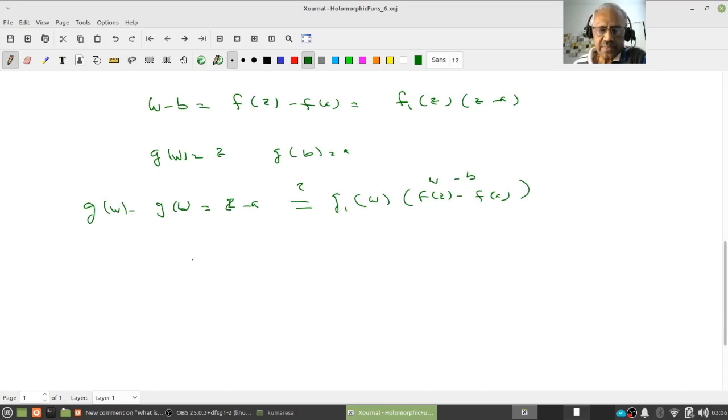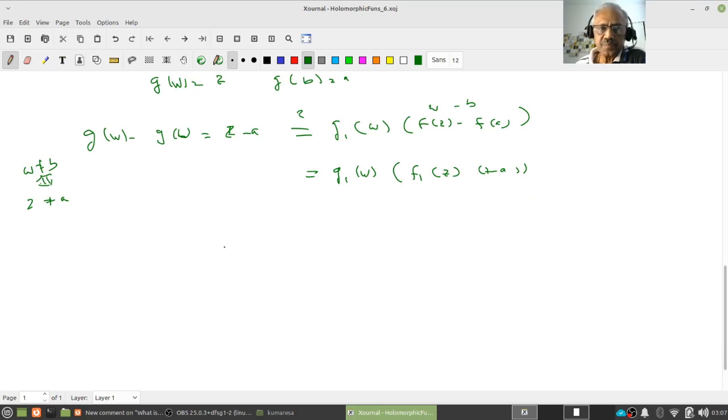Do all of you agree with that? Yeah. But remember, what is f of this? This is g1 of w, and what is this? f of z minus f of a is f1 of z into z minus a, right. And remember, we are taking w not equal to b, and hence z is not equal to a because of the bijective nature, right.